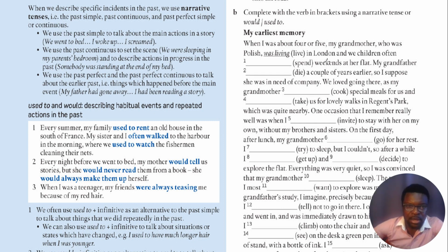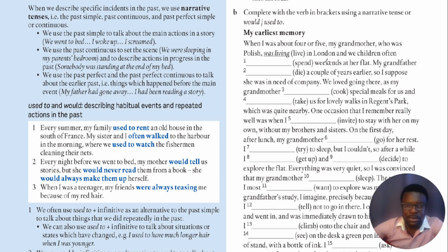So the third bullet point is we use the past perfect and the past perfect continuous to talk about the earlier past. That is, things which happened before the main event.